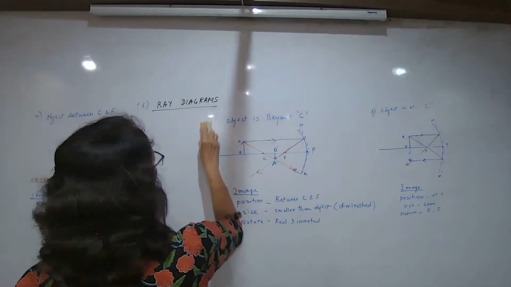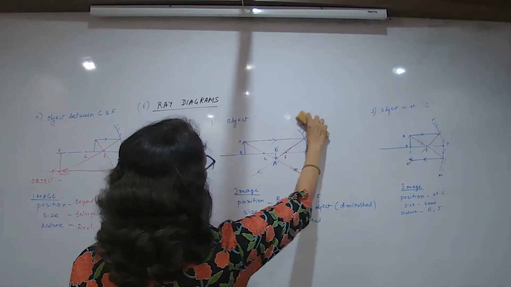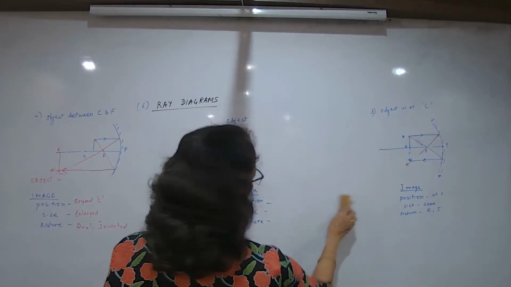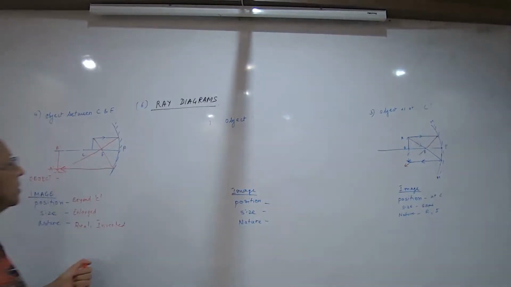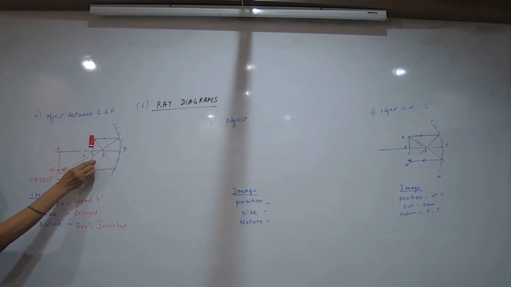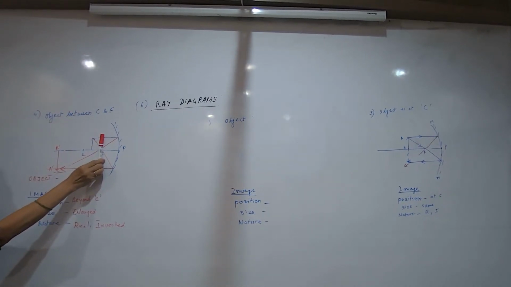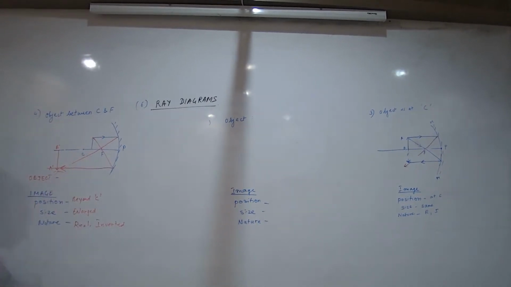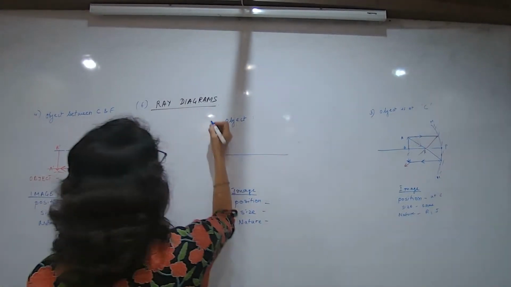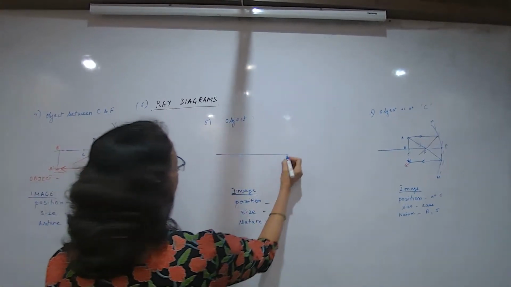I'm going on to the fifth one. Where have we come now? The object is at F. Yes. Now if it is coming closer, it is going to be at F. This is your position number 5.